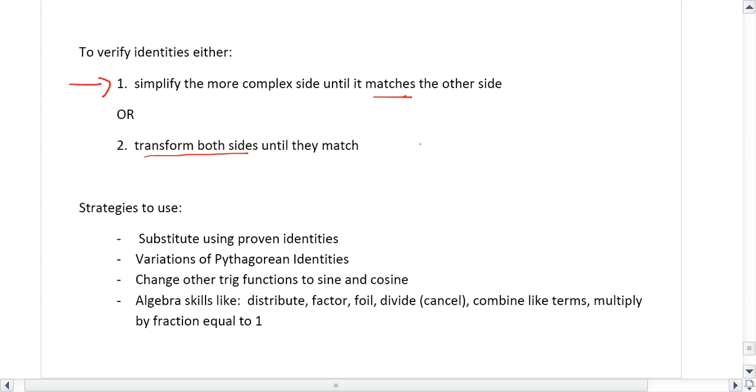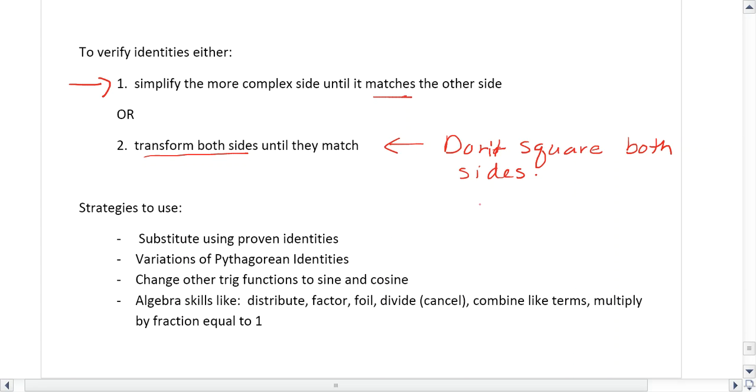This one, the second one, you have to watch out. You have some limits. You can do changes to both sides, but one thing I do not want you to do is square both sides. Because if you square both sides, you introduce the plus minus, and that can bring in some extraneous solutions, what we called garbage answers.